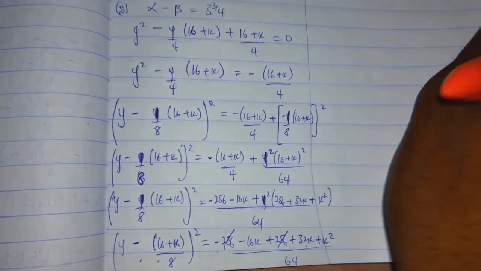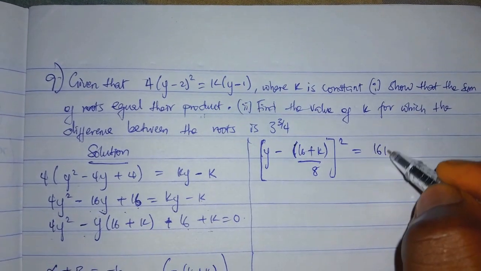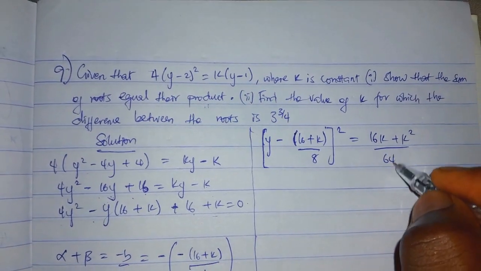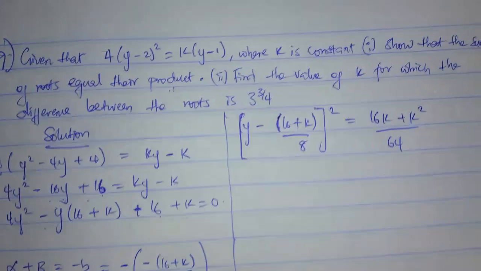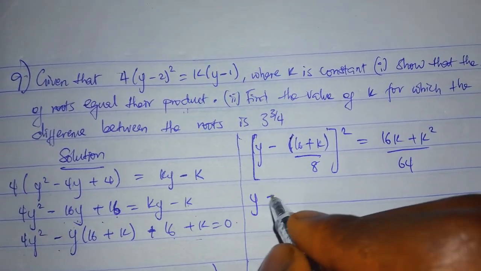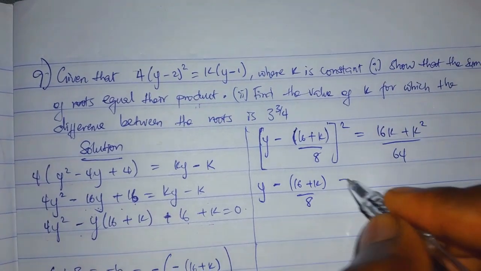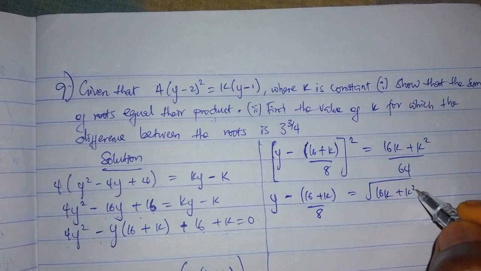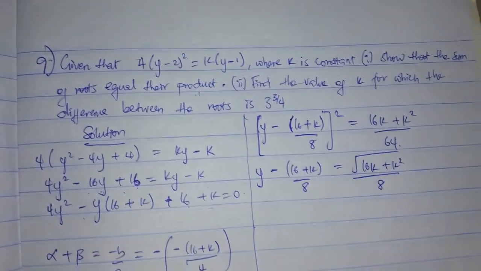That's 16k plus k squared. So that's equals 16k plus k squared all over what? All over 64. Okay, now finding the square root of both sides. This becomes y minus 16 plus k all over 8 equals the square root of 16k plus k squared all over what? Square root of this is already 8 automatically.